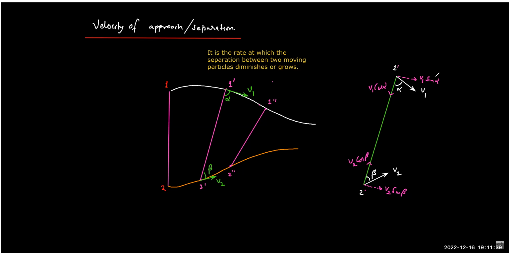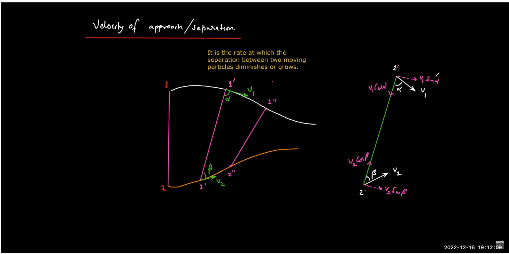So you can see the line 1, 2 has now slightly turned clockwise to 1 dash 2 dash. And that line is further turned into 1 double dash 2 double dash. So there is a constant change of orientation. This constant change of orientation of the line joining the particles gives a sense of rotation. So this is called the rotation.